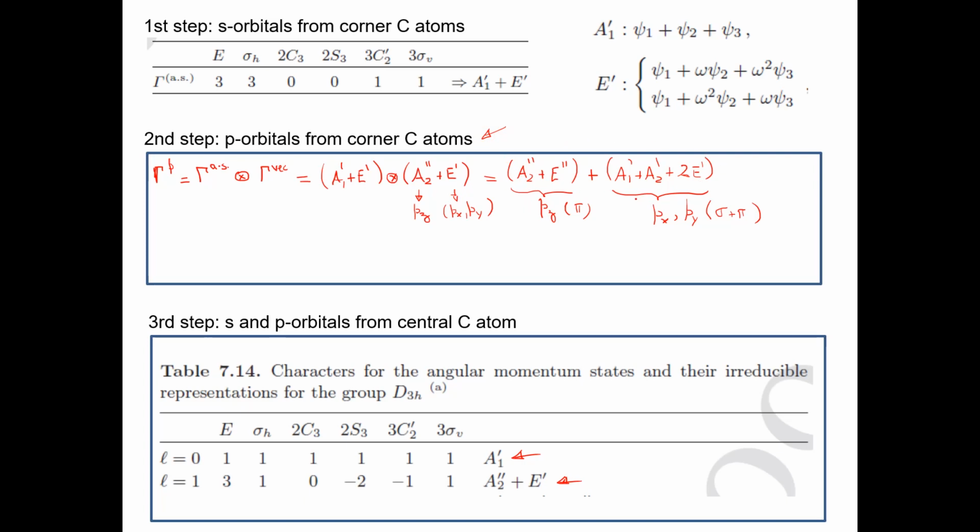So now I have to figure out which one is sigma and which one is pi. I do that by looking at the sigma atoms, and if I figure out which are the sigma irreducible representations, I can subtract the sigma part from this, and the remaining part is going to be the pi linear combinations. Okay, that's my strategy.